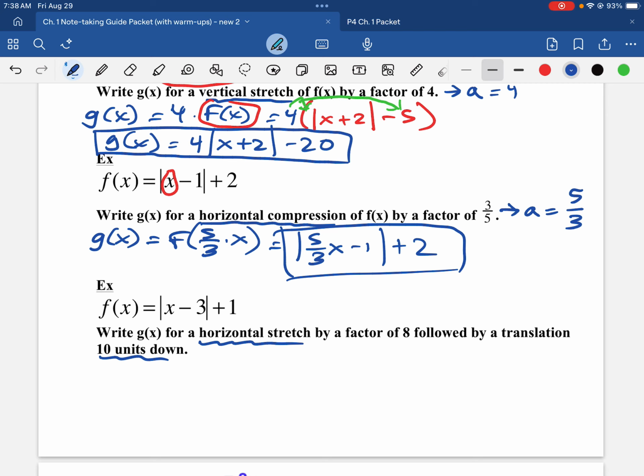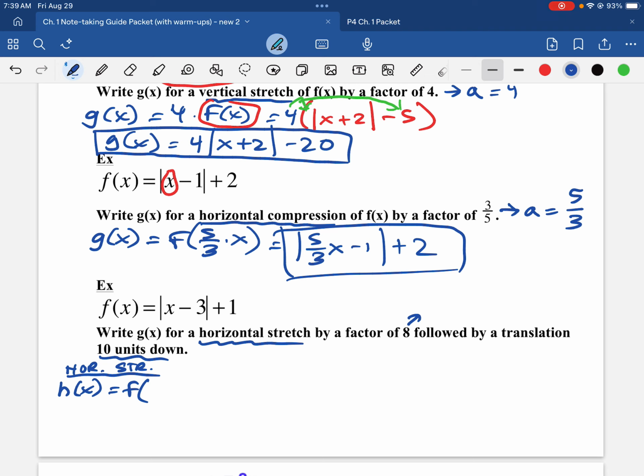Okay, so I'm starting with f of x. My final function is going to be g of x. So let me choose a different name for the function after the first transformation. So I'm doing my horizontal stretch here first. I'm going to have to write a little small. So I'll call this one h of x. So I'm going to take the original function, and we're on the horizontal side, so I'm going to want to multiply the input by something, but hang on.